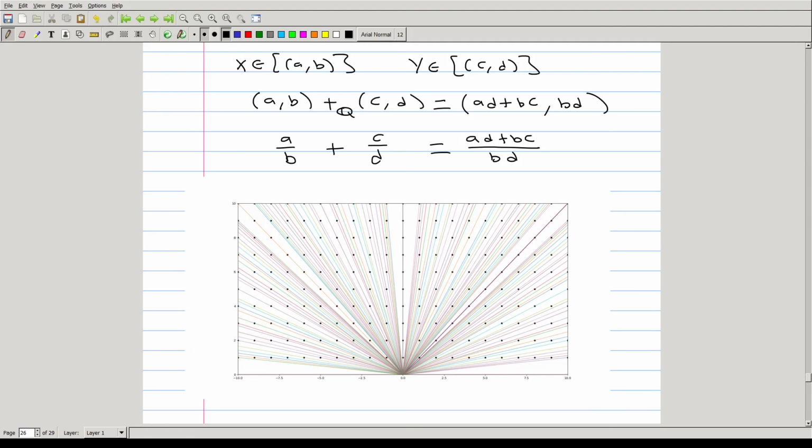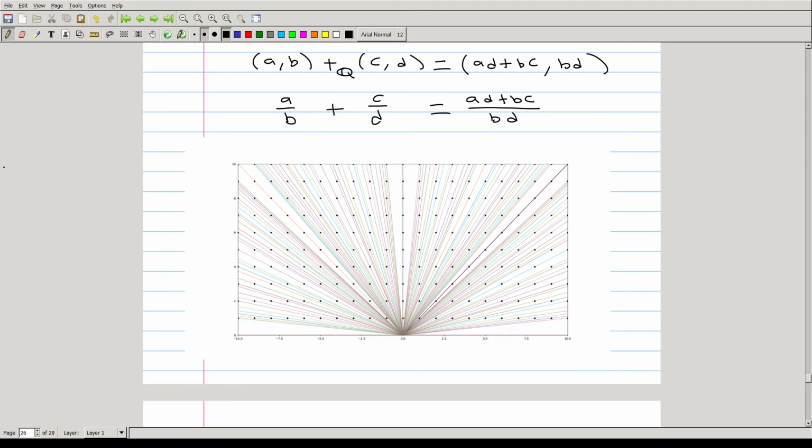And I used some Python code that I wrote up to actually display this out for the first few examples in this set of ordered pairs. And sure enough, you can clearly see that this equivalence class is equivalent to the rational number 1. This equivalence class is equivalent to the rational number 1/2.